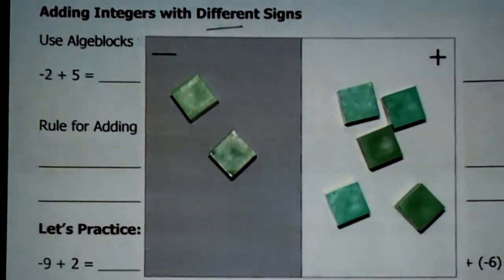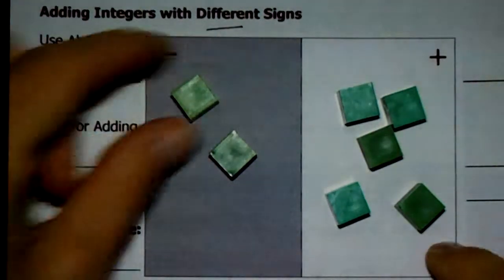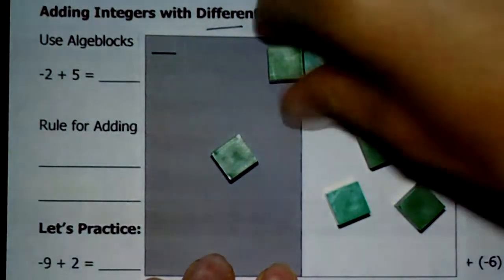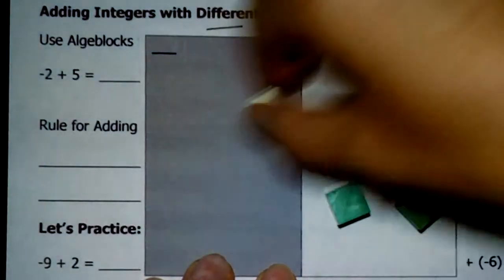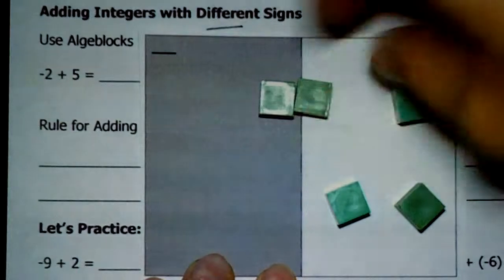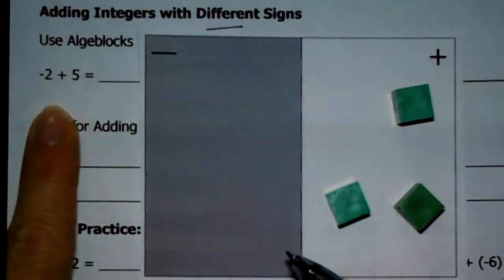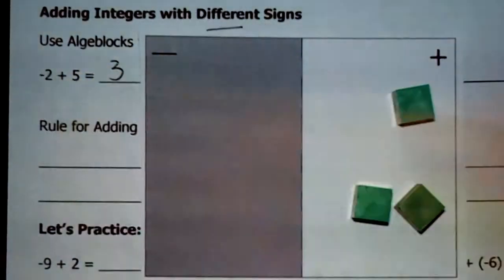I can't just add up these blocks, right? But I do know what happens if I combine this negative and that positive. They're gone. Poof, additive inverse, they are gone. And that negative and that positive will cancel out. And now I see I can't combine anything else together, right? Whatever's left is my answer. So I'm left with 3 blocks on the positive side. That means that a -2 plus 5 is a +3.